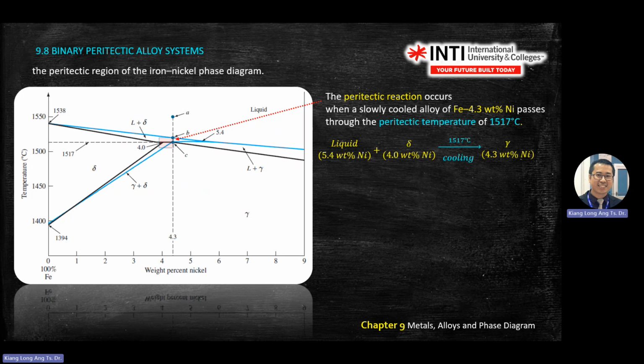You extend this one to this line, then you extend down, you get 5.4. For gamma, it is this point. You extend down, you get about 4. Then gamma is 4.3. Okay.